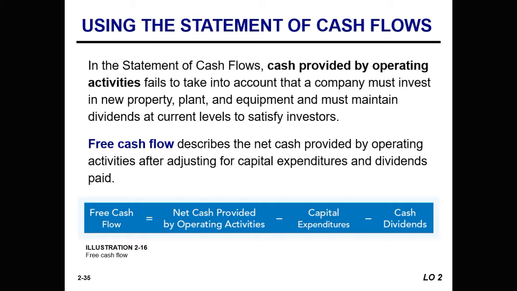So to account for those considerations, there's free cash flow. Free cash flow is an indication of the company's ability to generate cash from operations that is sufficient to pay their debts, acquire their assets, and distribute dividends.